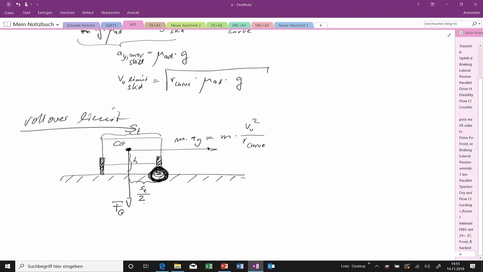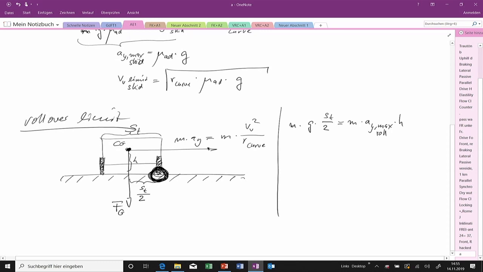And we are reaching the maximum if those both torques are equal. So we can write m times g times s_t half. This is the torque which tries to avoid rollover, is equal to m times a_y max roll times h.